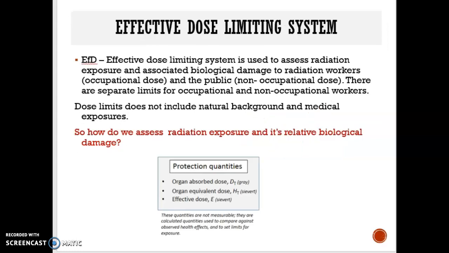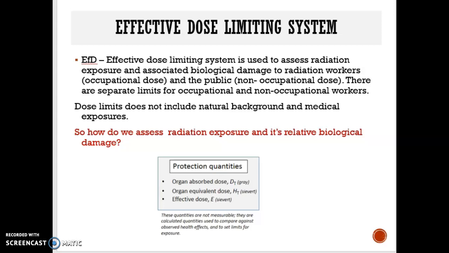Remember, we, the medical radiographers, are responsible for patient safety from radiation, and since we are also subject to exposure ourselves, it's our responsibility to be familiar with the ICRP dose limiting guidelines. An effective dose-limiting system is used to assess radiation exposure and any associated biological damage to the workers, ourselves, as well as to non-occupational workers, which is the public. And there are separate limits for both.